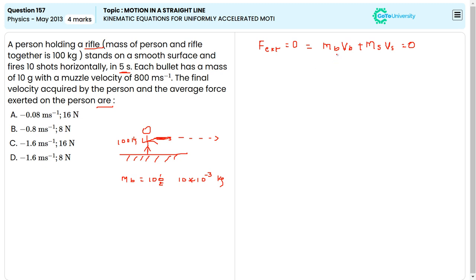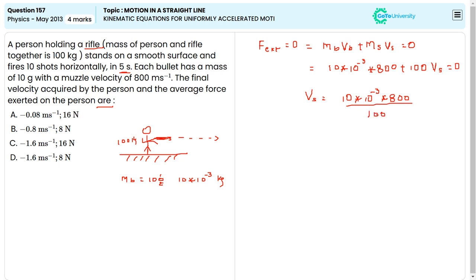Here B represents the bullet and S is the man. Then we can write MB is equal to 10 into 10 to the power of minus 3 into velocity 800, plus mass of the man and the rifle 100 into velocity, which we don't know, is equal to 0. Then VS is equal to 10 into 10 to the power of minus 3 into 800 divided by 100.